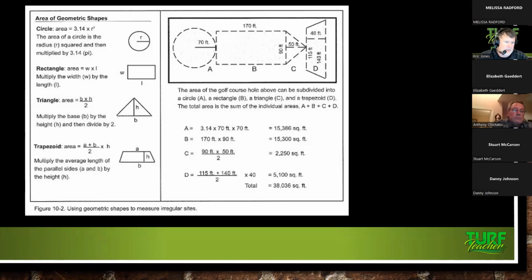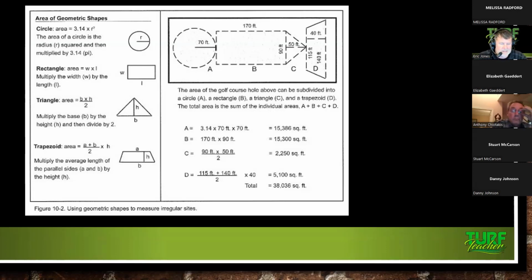Now, this typically is a golf course hole. And so they're actually dividing the fairway up into the rectangle. They've got the circle for like the tee box or the actual hole. They're measuring this whole thing and dividing it into the sections that they know. Circle: pi times r squared, the radius squared, and pi is your 3.14. Rectangle is just width times length.